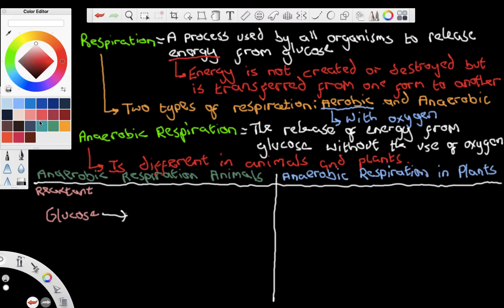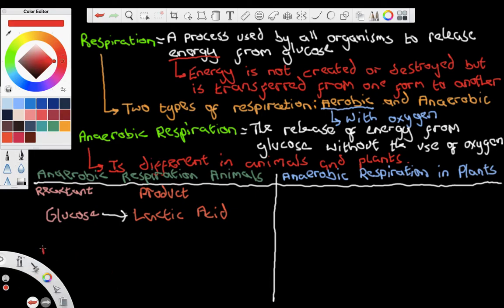Okay, so glucose is simply converted into our product lactic acid. So in anaerobic respiration in animals, there is one reactant and one product.